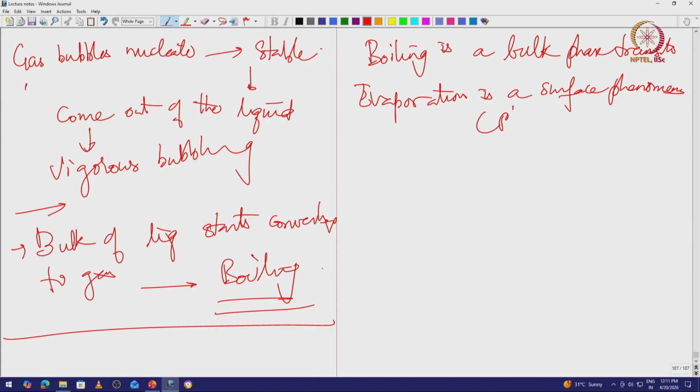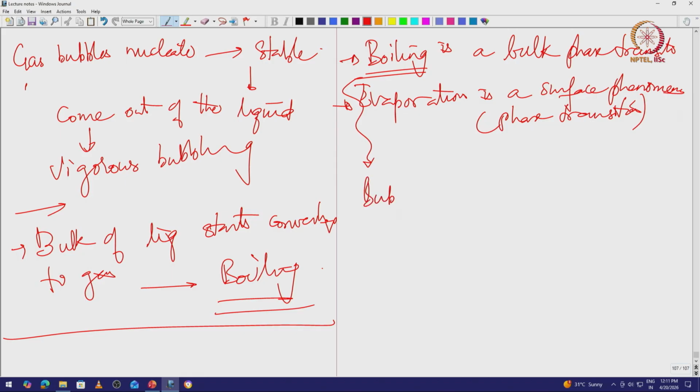whereas evaporation is a surface phenomenon. Right? It is still a phase transition, but happening at the surface. Okay. So that's the difference between boiling in the bulk and evaporation, right. So in boiling, you have to vigorously bubble out from the bulk, right. And so in explaining this, I have also explained what nucleation is. Once this bubble is formed, this bubble should be stable, and this bubble should be able to grow, right.